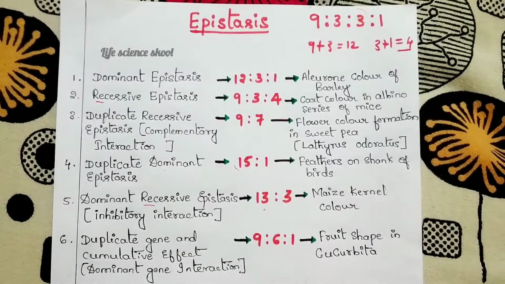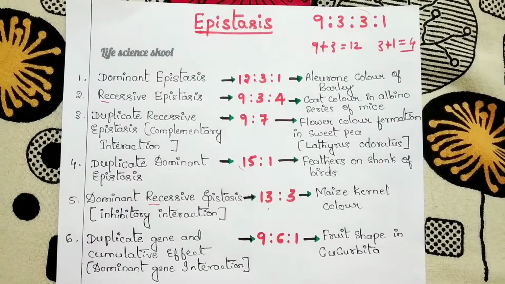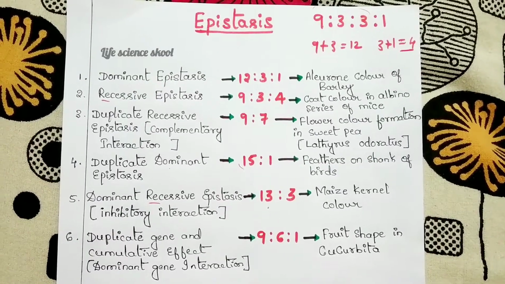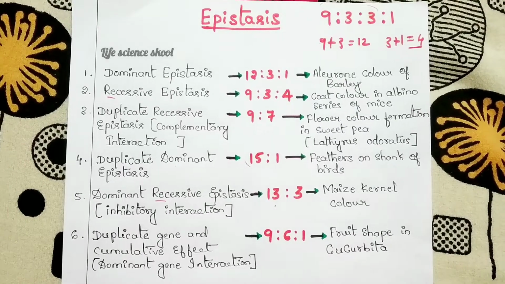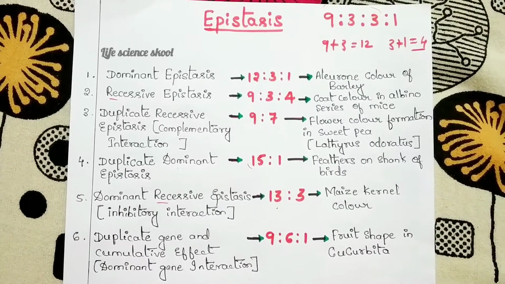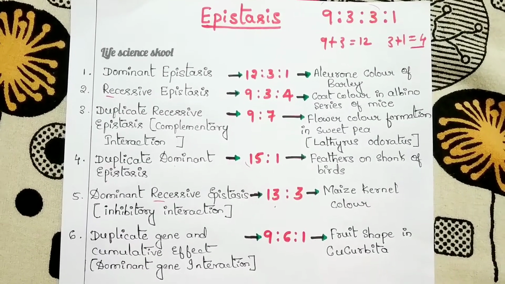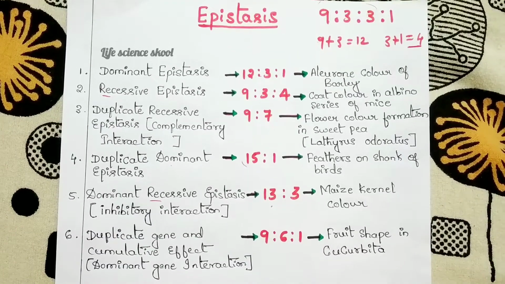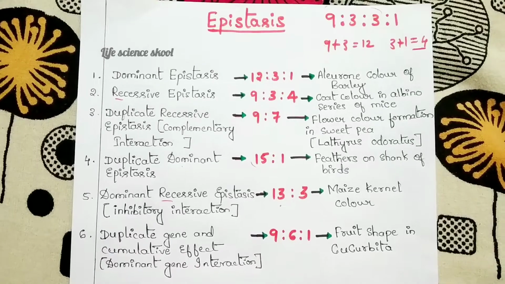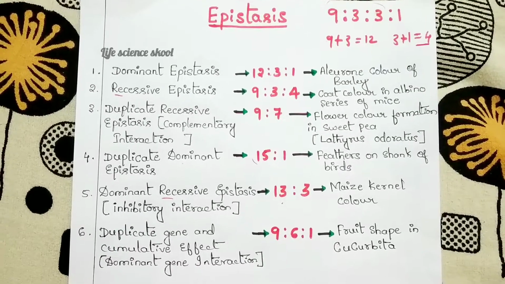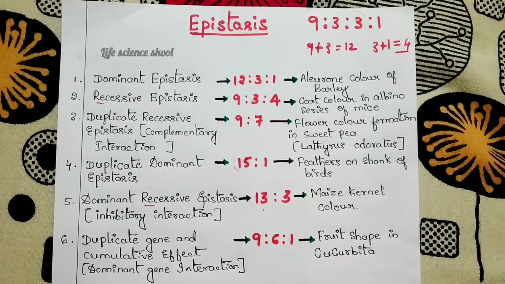I'm not explaining all these six types, but I'm explaining the phenotypic ratio so that you can remember this for a longer time, and you can glance at it as quick notes during the examination. So I'm hoping this video makes it easy for you to understand epistasis.